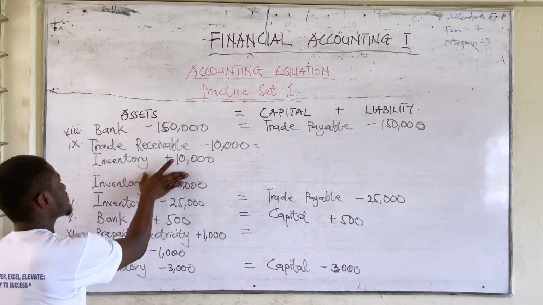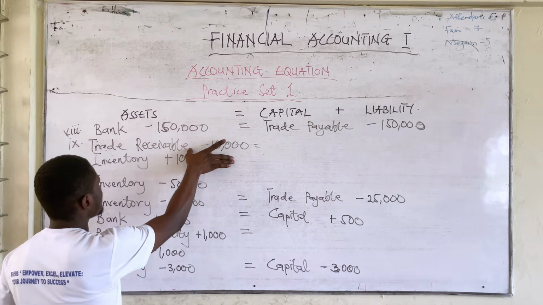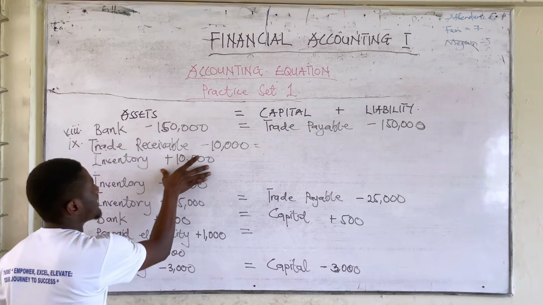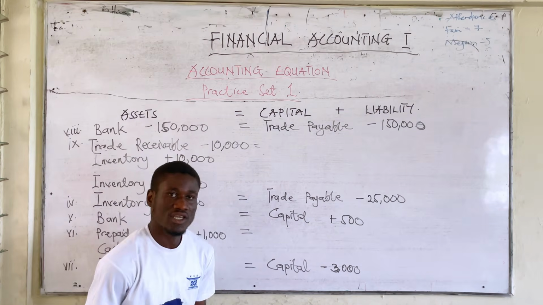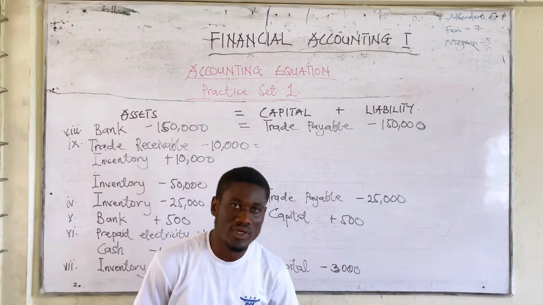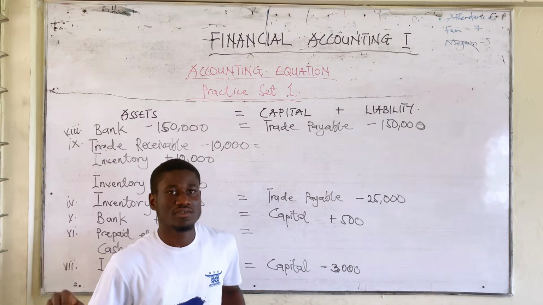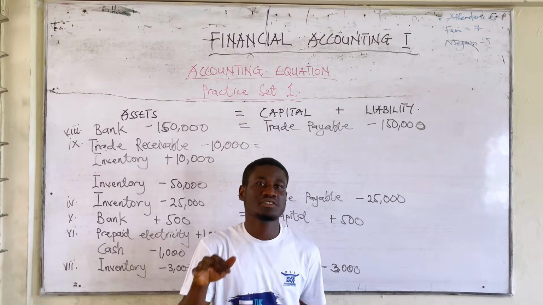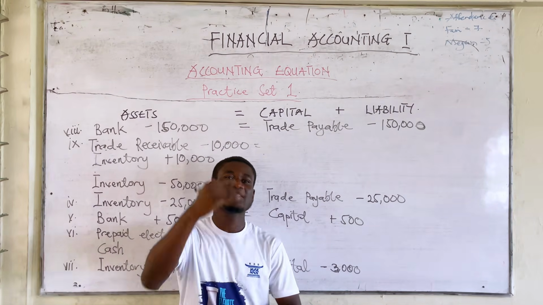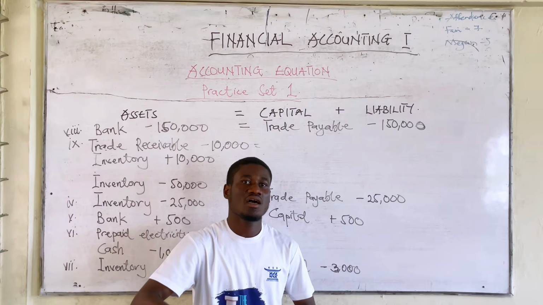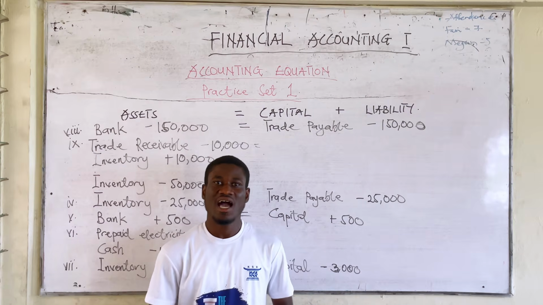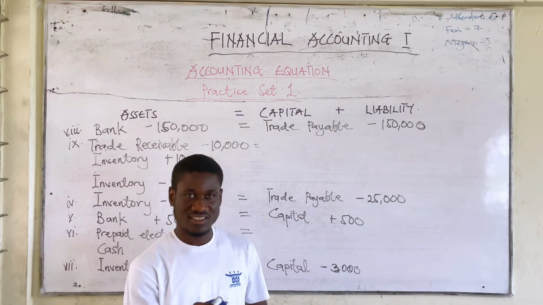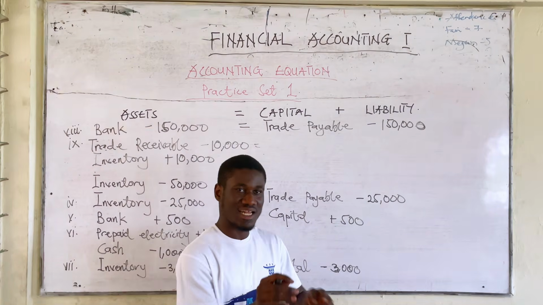So the inventory is increasing, the trade receivable is decreasing. At the end, we see that this side is still equal to this side. Okay, so you can even try it this way. After the first transaction, when you're going to the second transaction, you repeat the first transaction again. When we are tackling the second transaction, you add the second transaction to the first transaction and balance it.